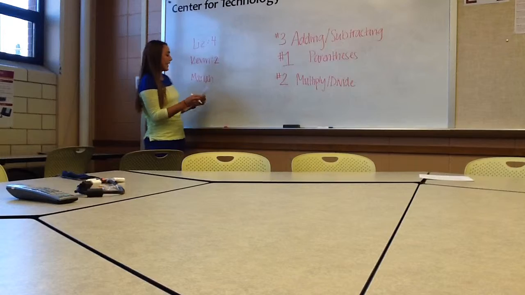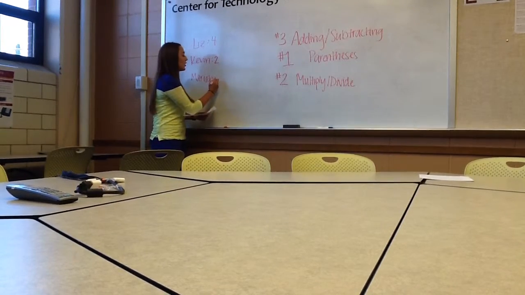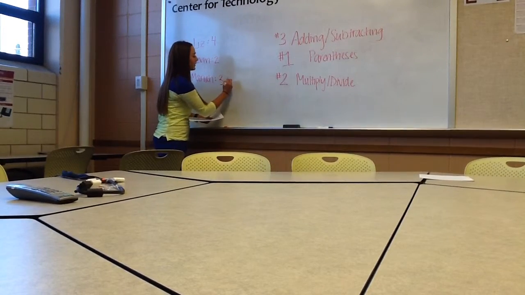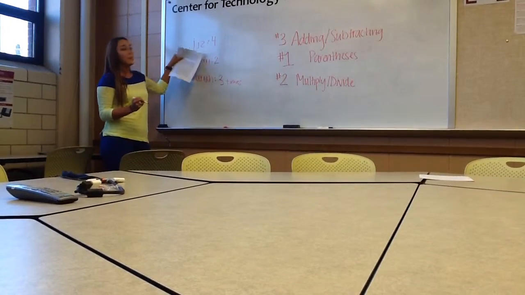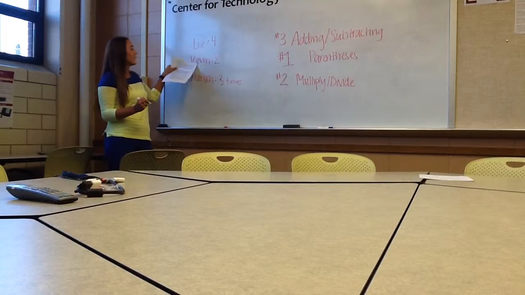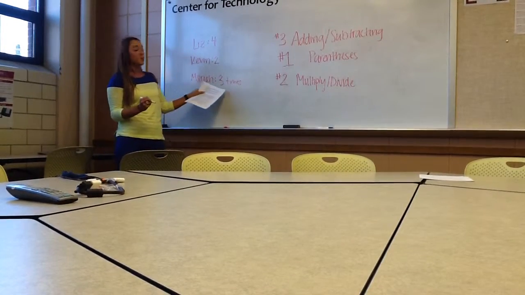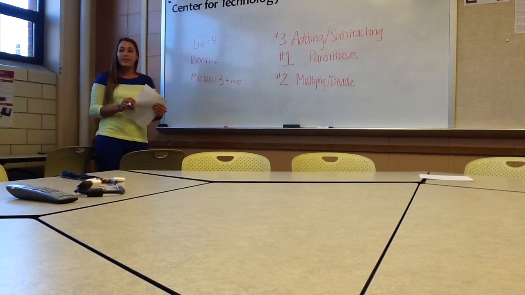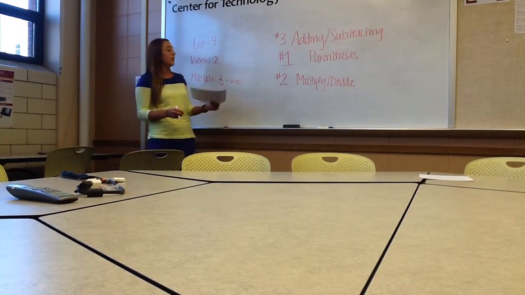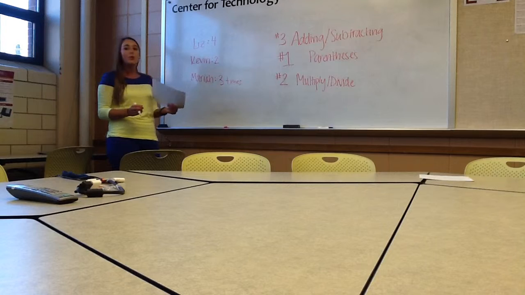And now we're going to say that Mariah has 3 times as many apples as Kevin and Liz combined. So the sum of Kevin and Liz's apples, Mariah has 3 times that amount. Does anyone have any guesses on how to set up this expression using the order of operations and the information we know?